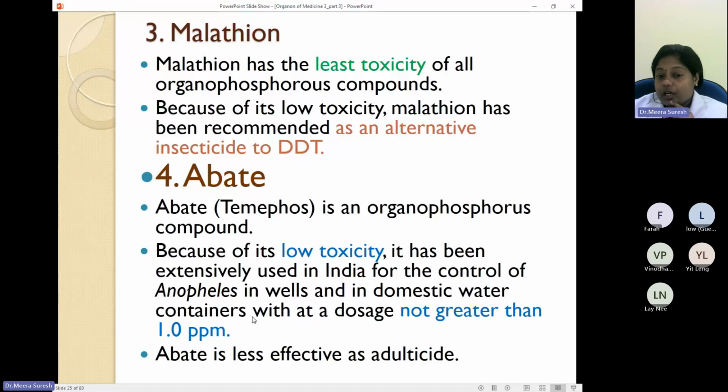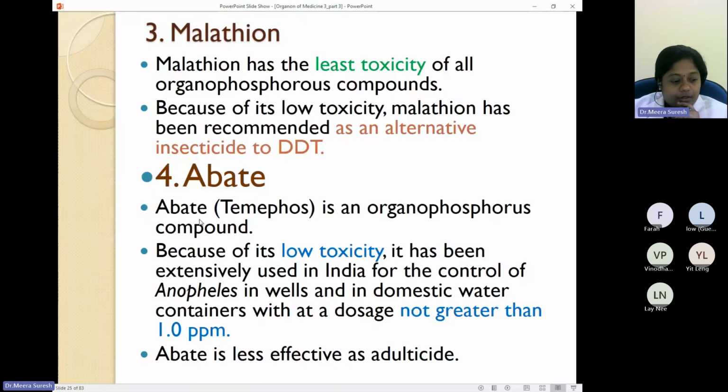But this is more of a larvicide actually, to kill the mosquito larvae. This Anopheles is usually seen in wells and also domestic water containers. If we use it at a dosage not greater than 1 part per million, this is highly effective, but to kill the mosquito larvae only. Abate is not effective to kill the adult mosquito.